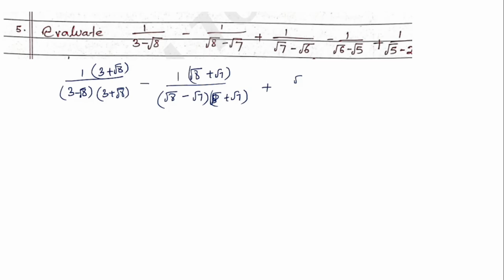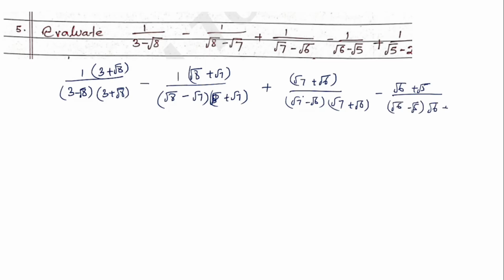Plus root 7 plus root 6 divided by root 7 minus root 6, bracket root 7 plus root 6, minus root 6 plus root 5 divided by root 6 minus root 5, bracket root 6 plus root 5. Yes or no? Again root 5 plus 2 divided by root 5 minus 2, root 5 plus 2. All of you clear? First step.